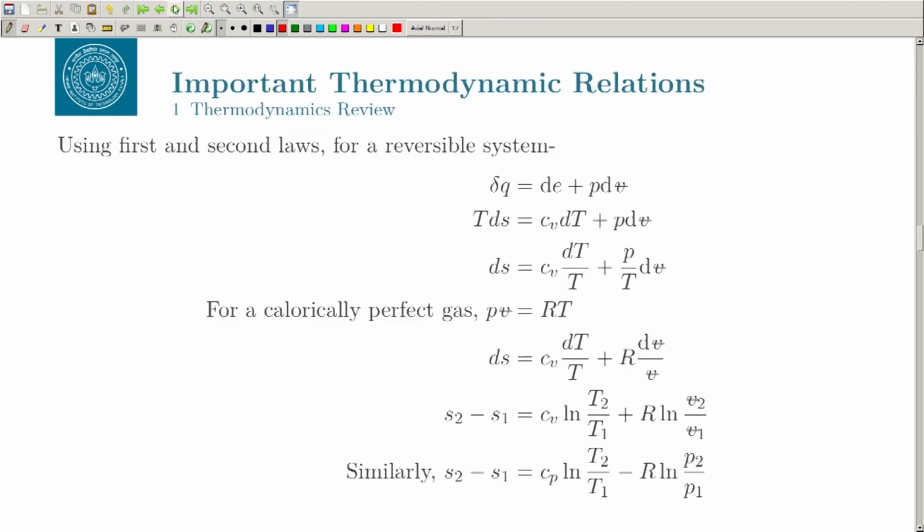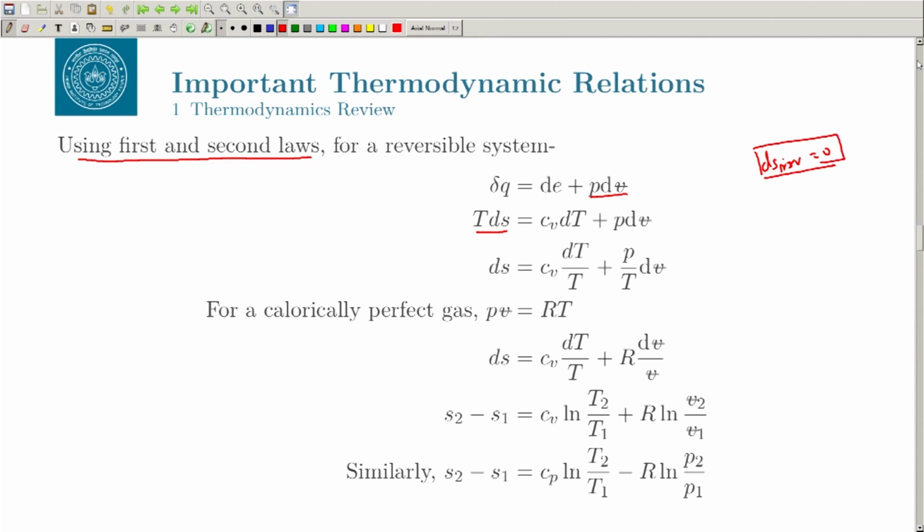We will combine both the first and second laws, and we assume the system to be reversible. Right now it is not adiabatic reversible, only reversible. In that case you can write delta W as P dV, and delta Q can be written as T dS, because we are assuming that dS irreversible is equal to 0 for a reversible system.